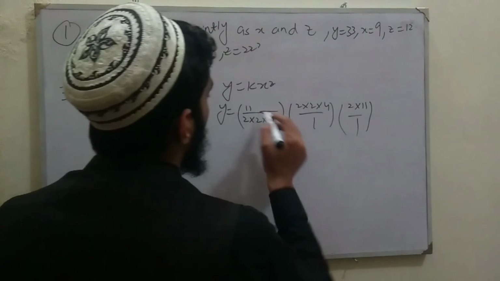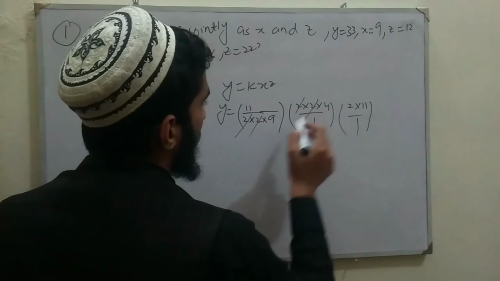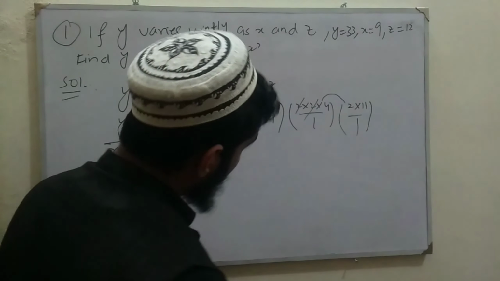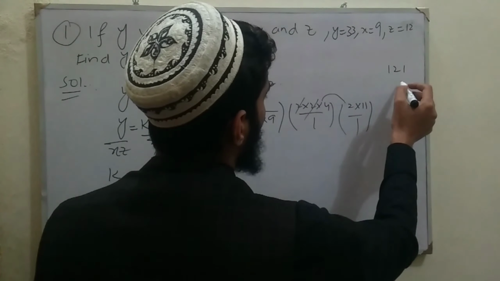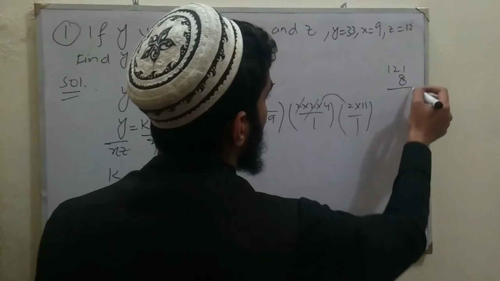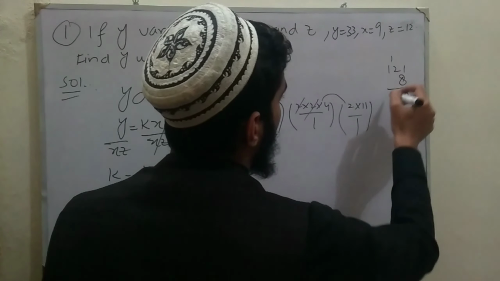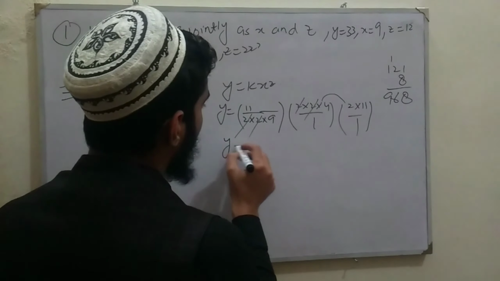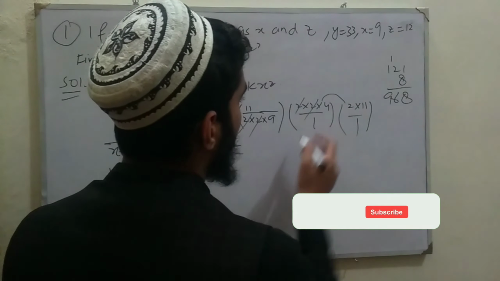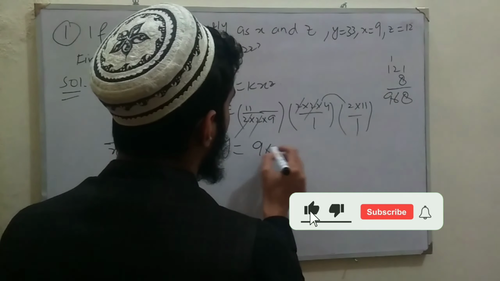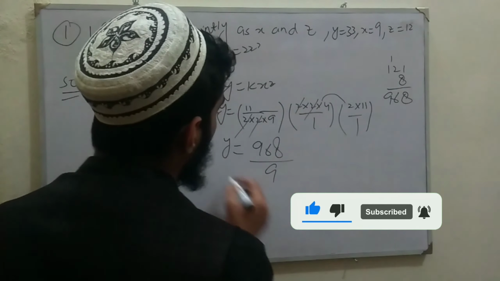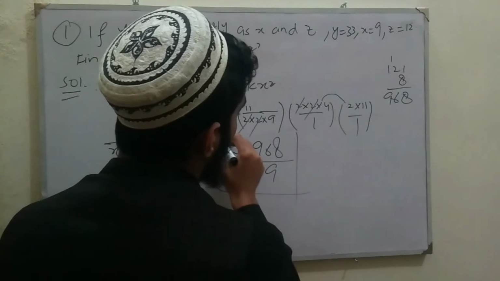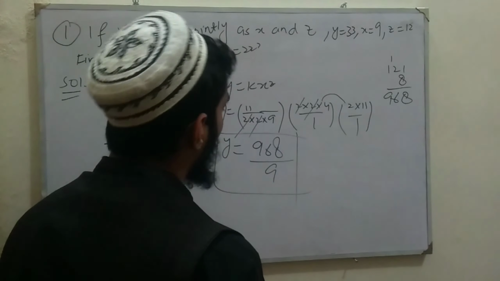The 2 and 2 cancel out with the 2 and 2 in the denominator. 4 multiply 2 gives us 8, and 11 multiply 11 gives us 121. 121 multiply 8 gives us 968. So y is 968 divided by 9.